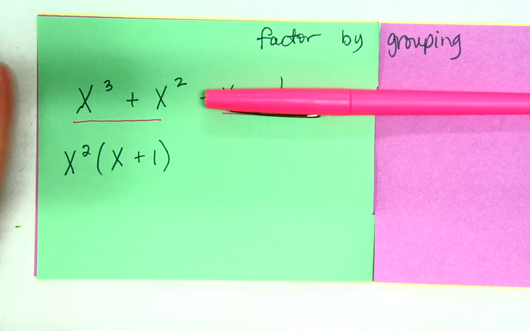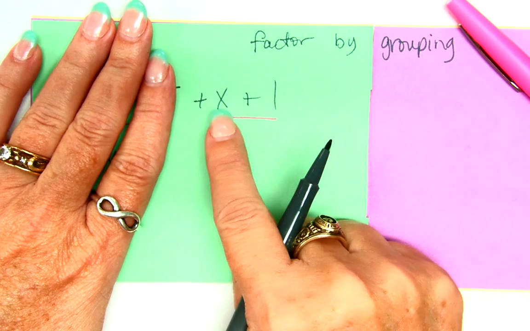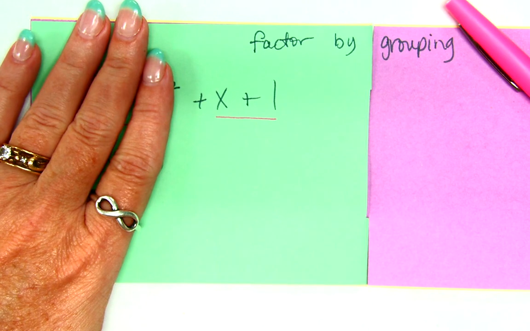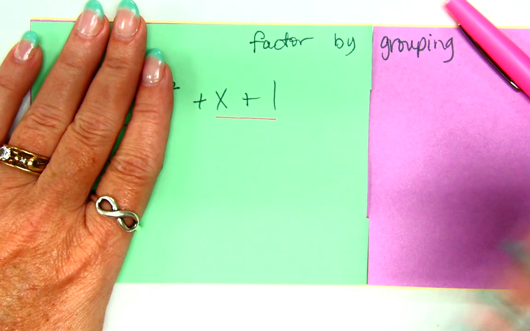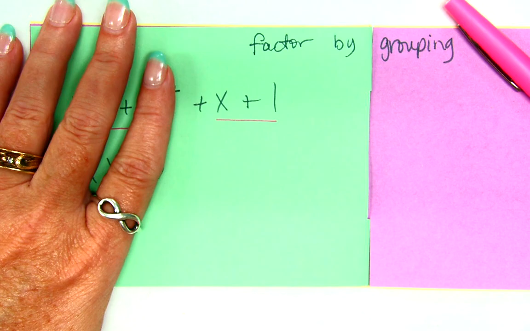Now that I'm done with that, now I'm going to ignore that side and just look at this side. What's the greatest common factor in these 2 terms, knowing that you have to factor something out? 1. Yes, 1. Right? 1 is the only thing I can divide out of each term. Now, normally if it's a 1, do we have to write it? No, right?